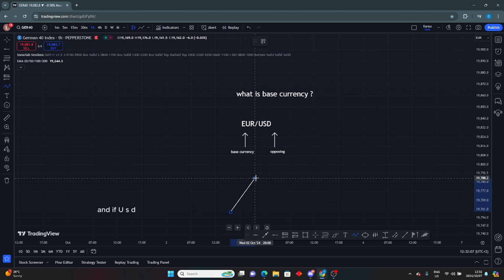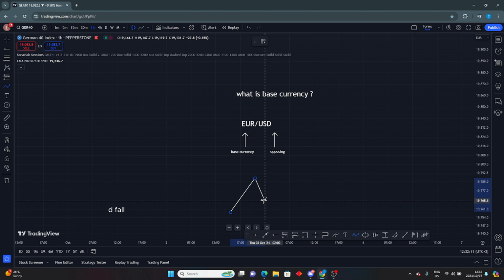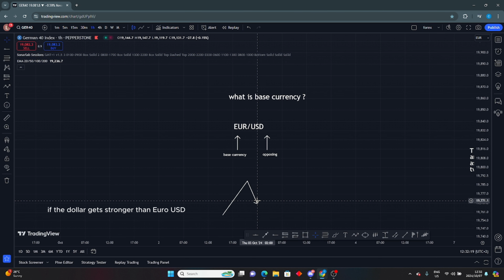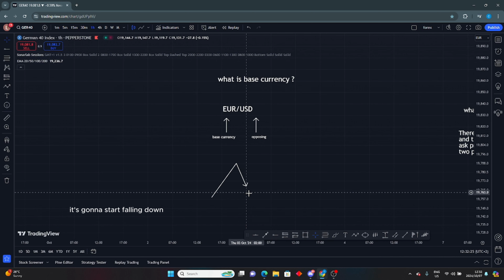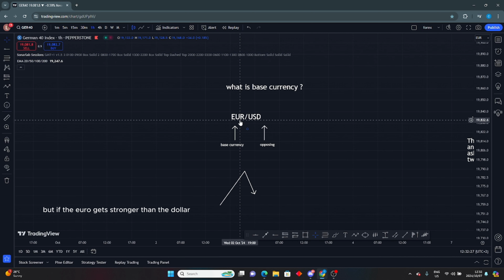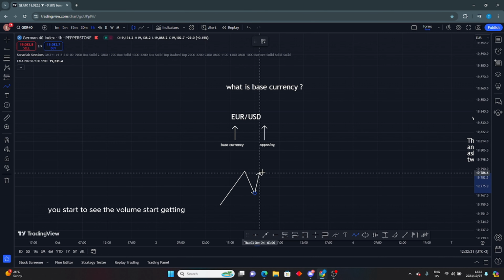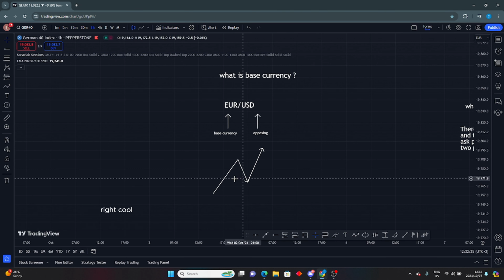And if USD gets stronger than the euro, you'll start to see Euro USD fall because you are trading with the euro and against the US dollar. If the dollar gets stronger, then Euro USD, because remember, euro is your base currency, is going to start falling down. But if the euro gets stronger than the dollar, you start to see the volume getting pushed into the bullish side, the momentum of things, right?